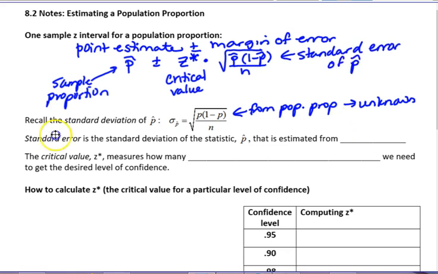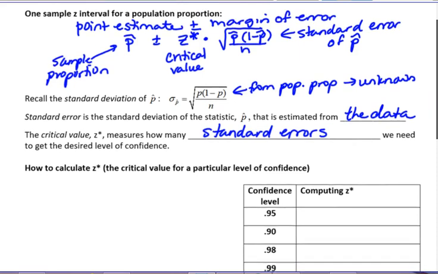The standard error is the standard deviation of the statistic p hat that is estimated from the data. So if I get some data and I calculate a standard deviation, like my sample of beads, that is where the standard deviation comes from. Now, the critical value measures how many standard errors we need to get the desired level of confidence. So these two pieces together form the margin of error.